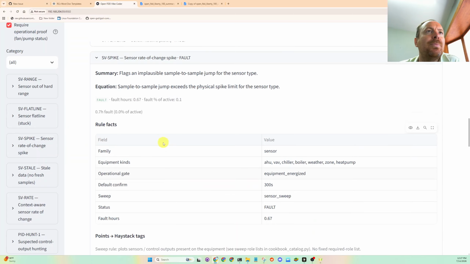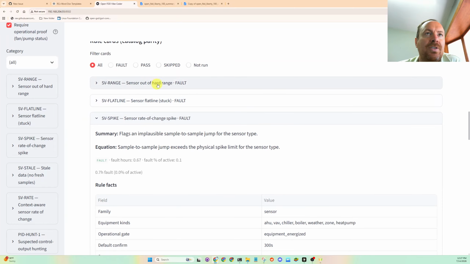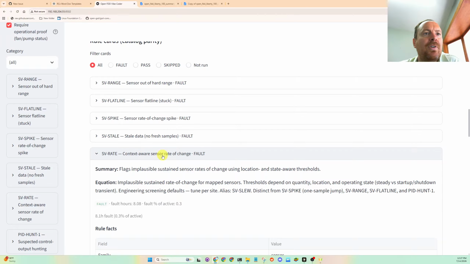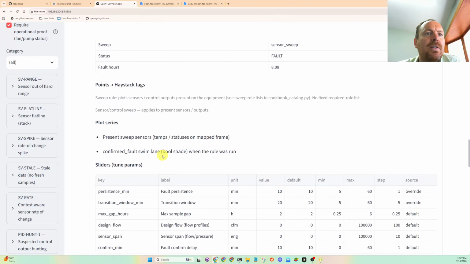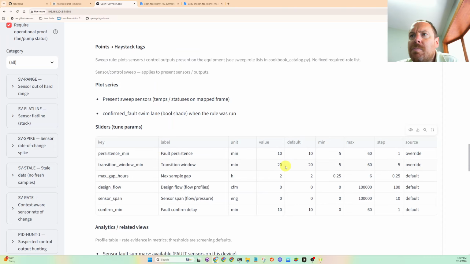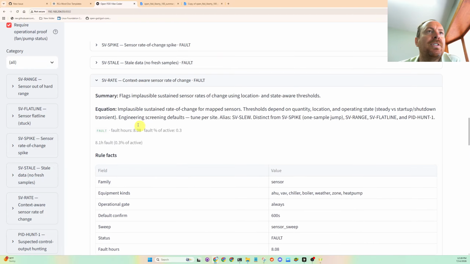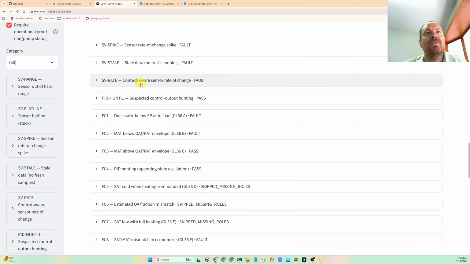Okay, so I do have a bunch of this: sensor out of range, sensor flatlined, sensor rate of change, allowable rates of change for traditional HVAC system fault types of sensors. Some of this might need a little work, but I did a little research on the types of sensors in HVAC systems, like zone temps, discharge temps, mixing air temps, water temperature sensors, humidity.